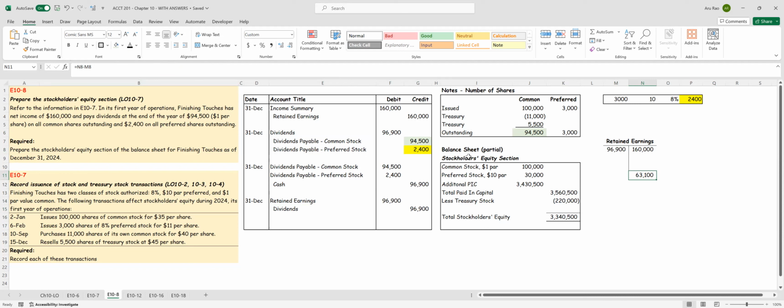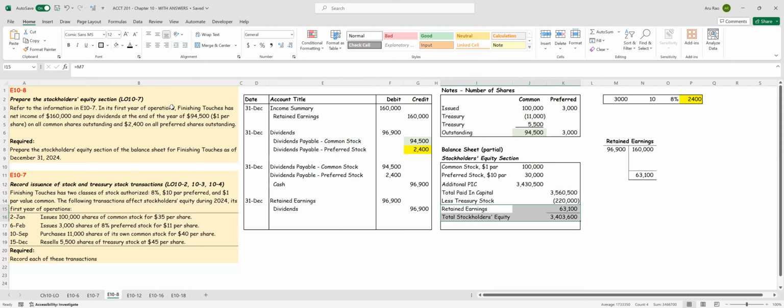Now, if you recall, we had said stockholders' equity has only two parts, your stock and your retained earnings. So there are two parts, the stock and retained earnings. So I'm going to bring that over here, retained earnings, and the balance is 63,100. So you had your paid-in capital, less your treasury stock, retained earnings, and this now gives you the total stockholders' equity.